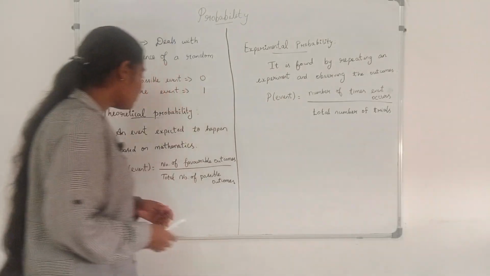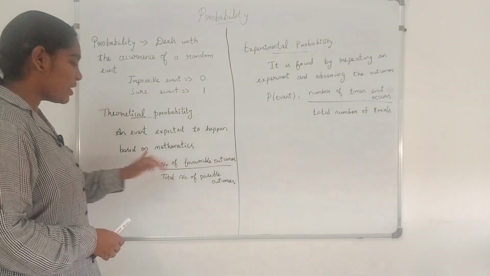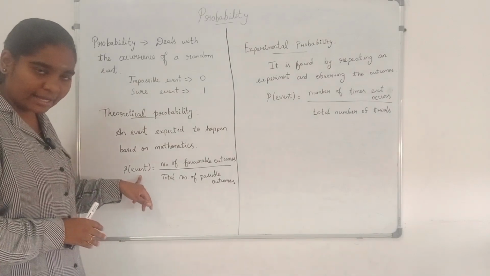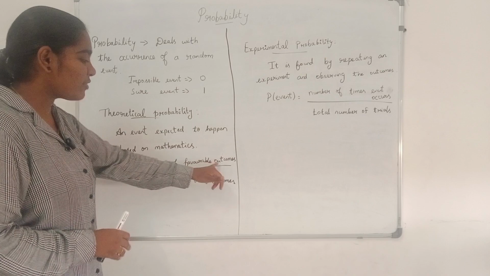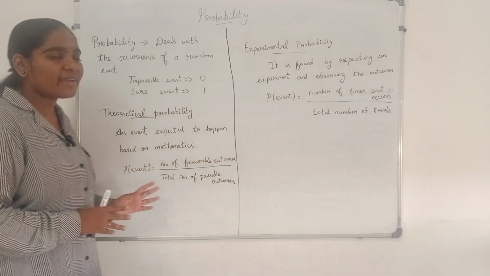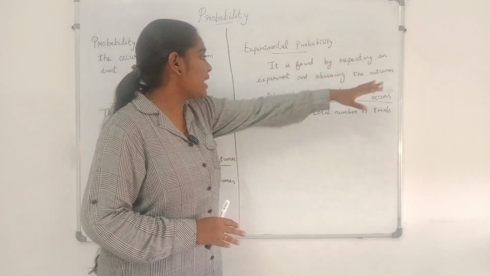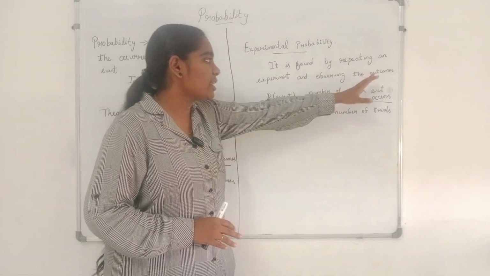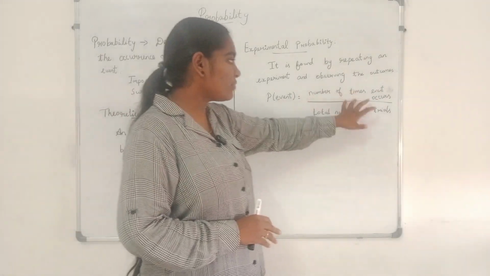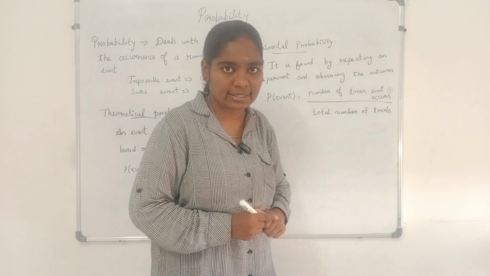Theoretical probability is an event expected to happen based on mathematics. The formula is: probability of the event equals number of favorable outcomes divided by total number of possible outcomes. In experimental probability, it is found by repeating an experiment and observing the outcomes. Probability of an event equals number of times the event occurs divided by total number of trials.